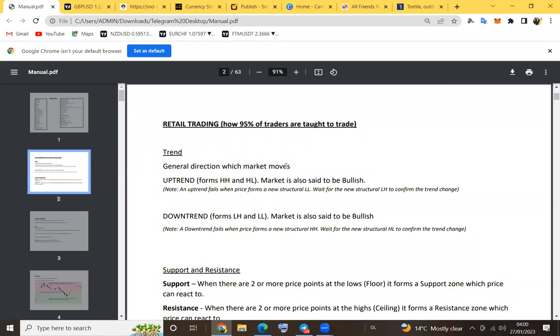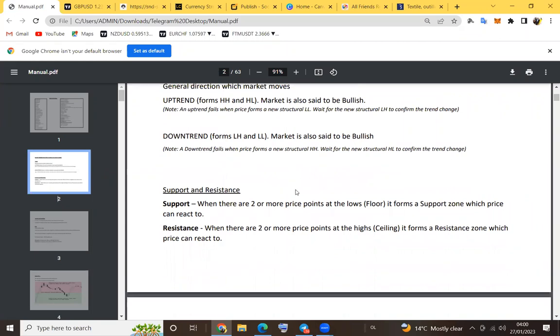Now, we go down. The next part of this lesson is talking about support and then resistance. Support: when there are two or more price points at a low or floor, it forms a support zone which price can react to.